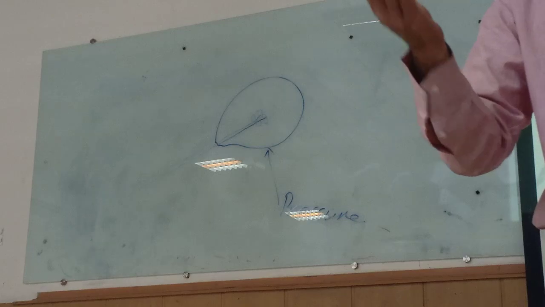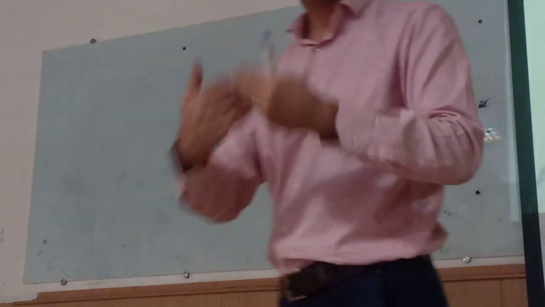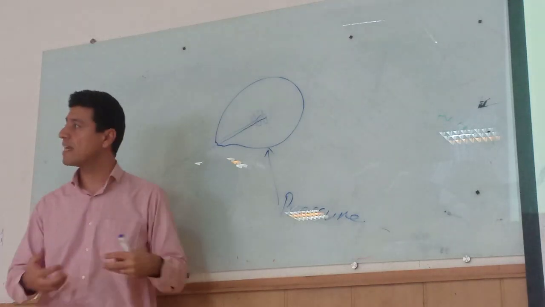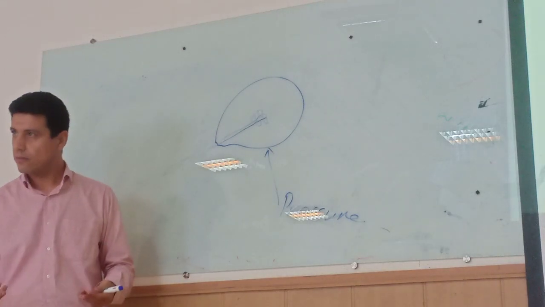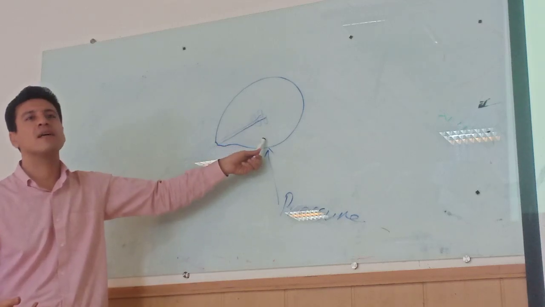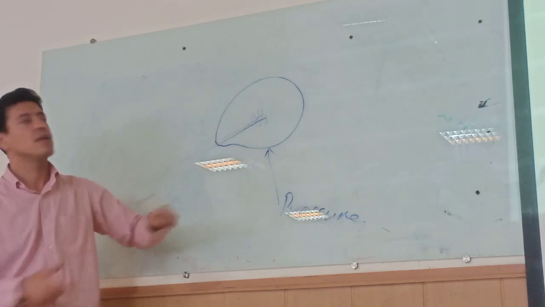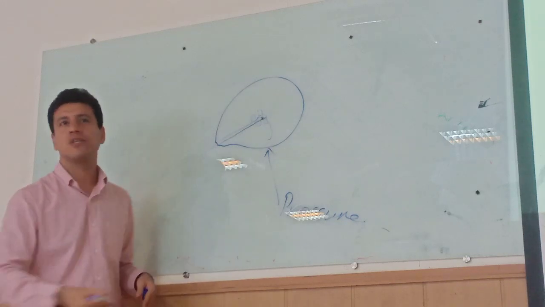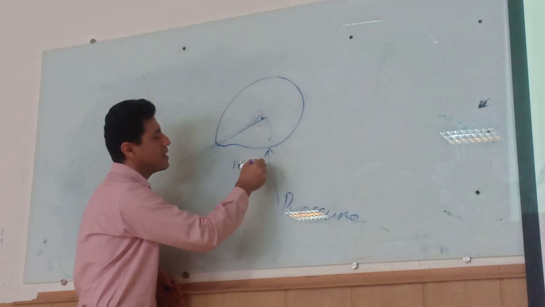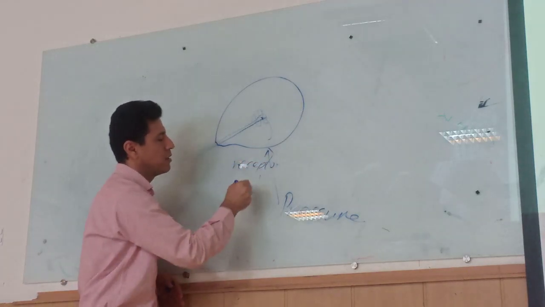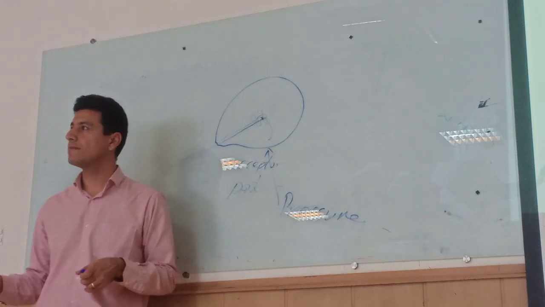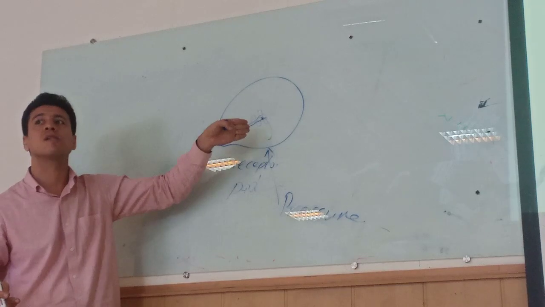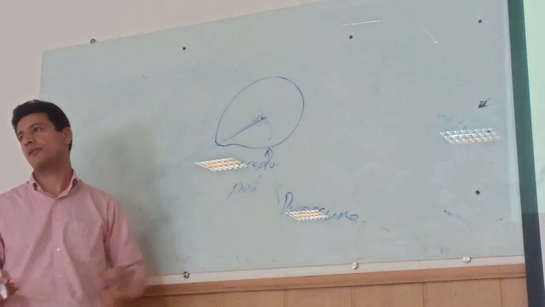So channels can be opened by voltage, by a ligand, or by mechanical stress, pressure, or deformation. So these channels are mechanosensitive. After that sodium goes into the cell, and we will have a change of potential, which is called receptor potential. So receptor potential in the Pacinian corpuscle is the result of opening of some mechanosensitive channels.